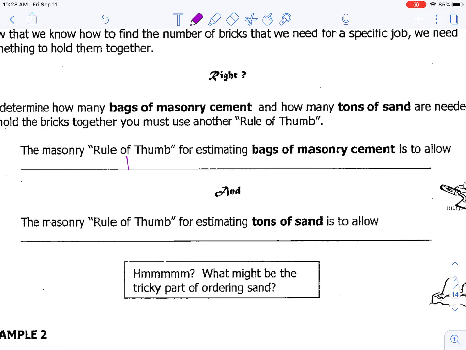The first rule of thumb is that for every 125 brick, you will need 1 bag of masonry cement. And then for every 8 bags of masonry cement that you have, you will need 1 ton of sand.